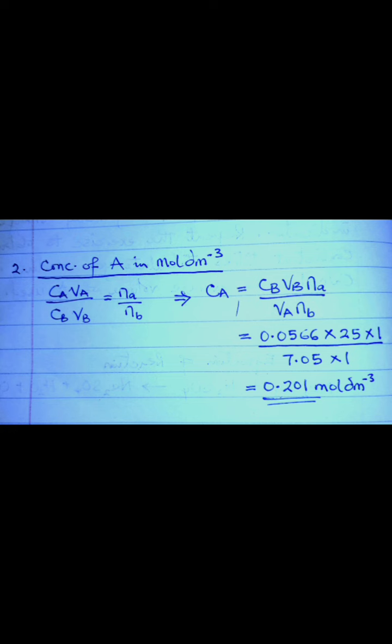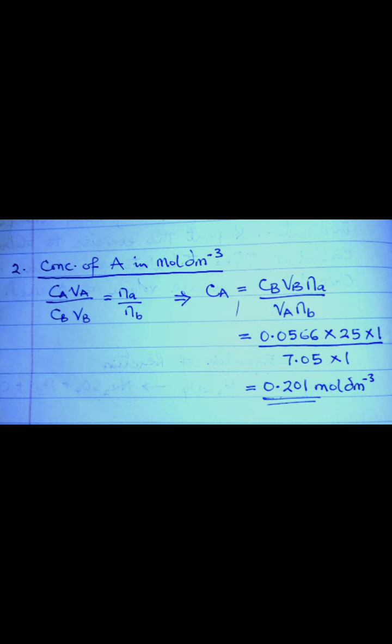Subject of equation, that would be Ca equals CbVb Na all over VaNb. And our Cb is 0.0566, the concentration of base that we just found in question 1. Our Vb is the volume of base, the volume of sodium trioxocarbonate 4, which was 25 cm cube. Remember that we measured using the pipette.